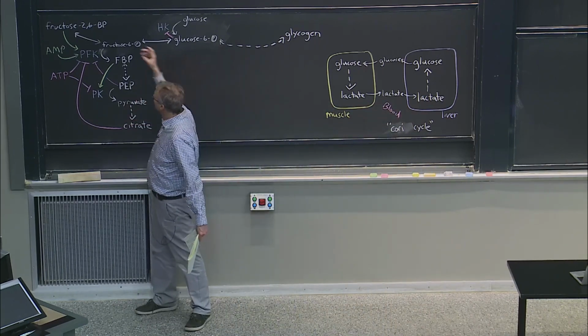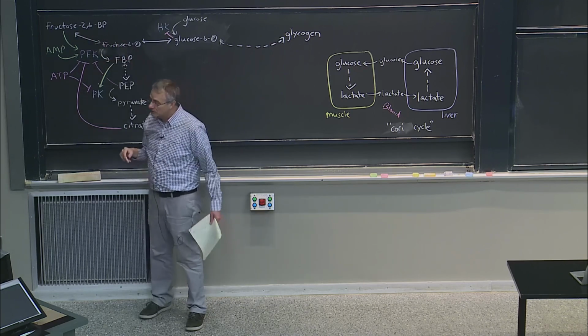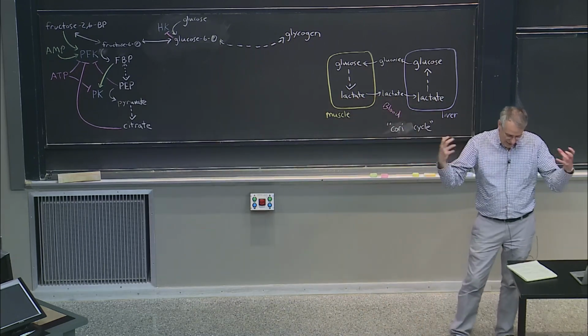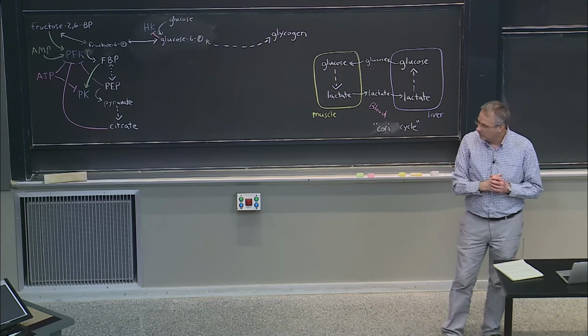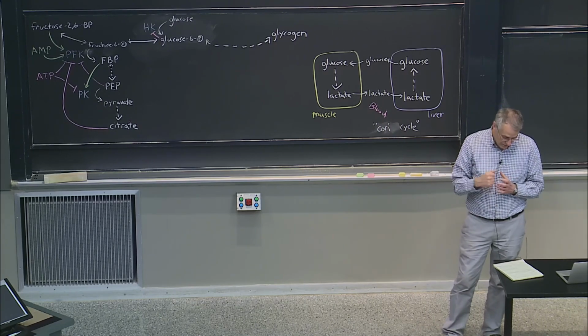That is, you can have signaling that controls the enzymes that generate fructose 2,6-bisphosphate, thereby creating an additional molecule that can act as an allosteric regulator of the enzyme PFK to generate FBP and commit carbon to glycolysis.